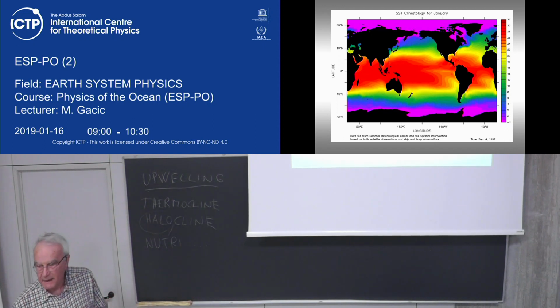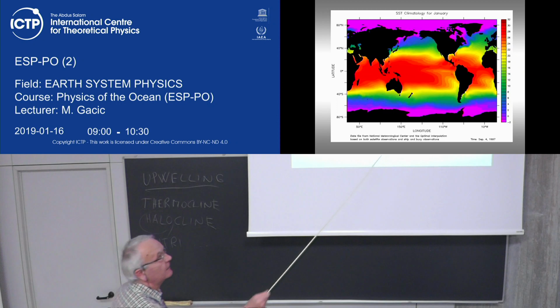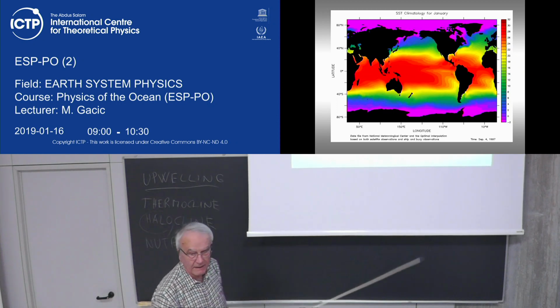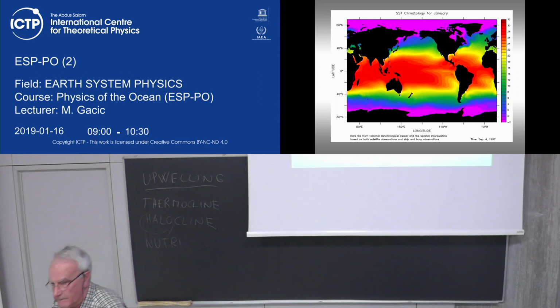Upwelling is the vertical motion of the ocean water masses, which is typically induced by the wind. And why is the temperature there lower than it would be at the same latitude if it depended only on solar heating? Because you have the upwelling, so the deeper layer waters go to the surface.